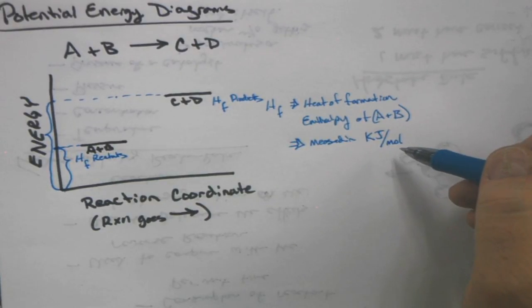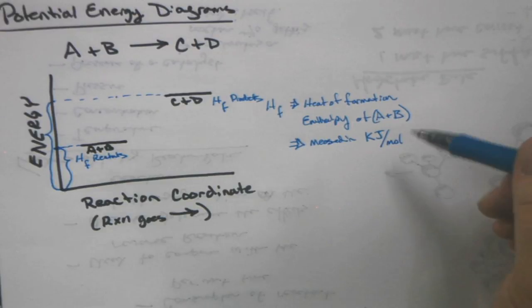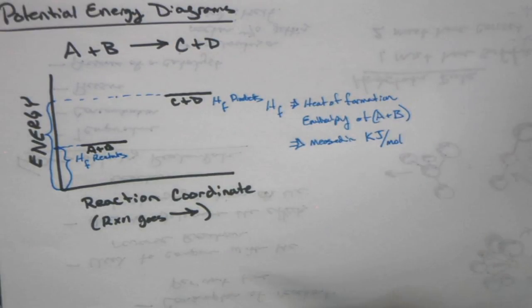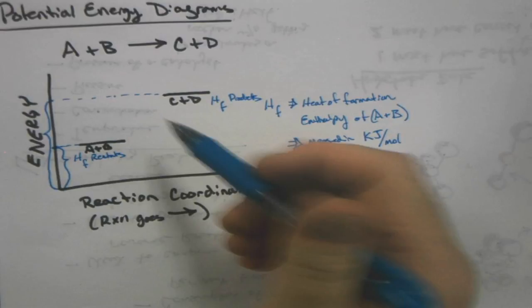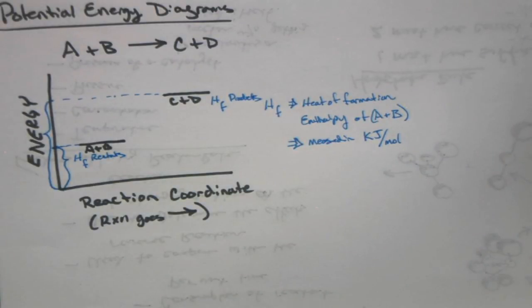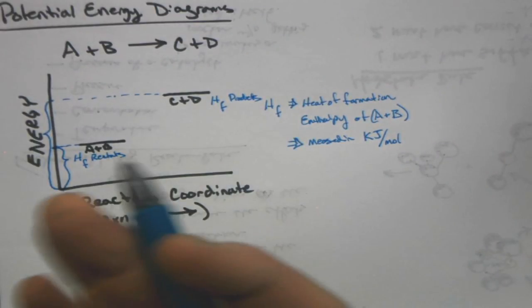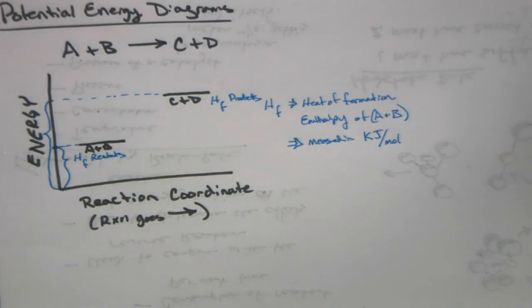Yeah? Kilojoules per mole. It's just the value. That is the energy value of this species. Now, we talked earlier that what two things had to happen for a reaction? They have to have enough what? Energy. And they have to collide with the right orientation.